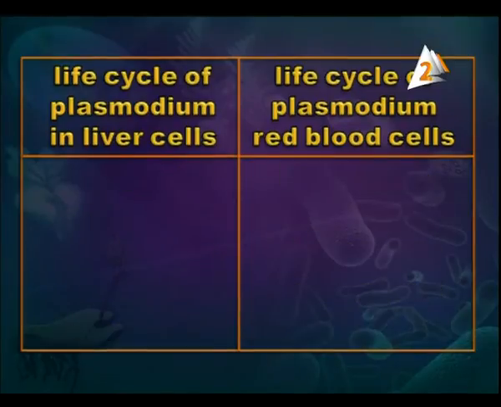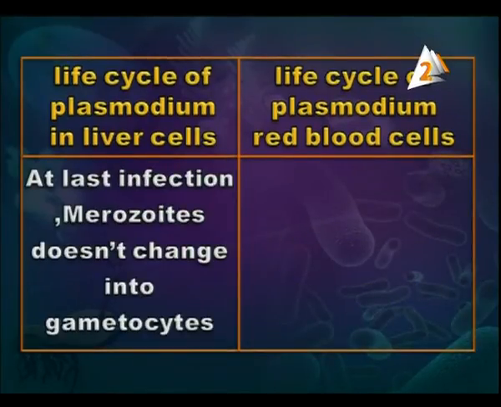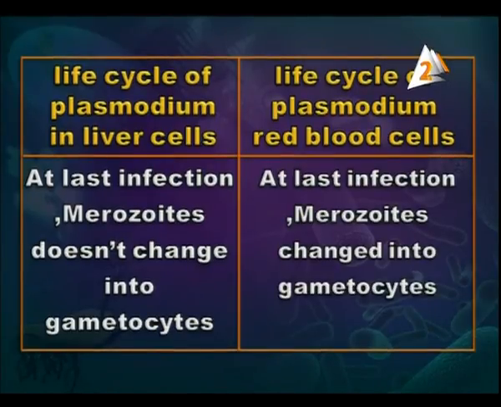The fourth and last point in this comparison: at last infection in red blood cells, the merozoite changes into a gametocyte, while that which takes place in the liver doesn't change into a gametocyte.